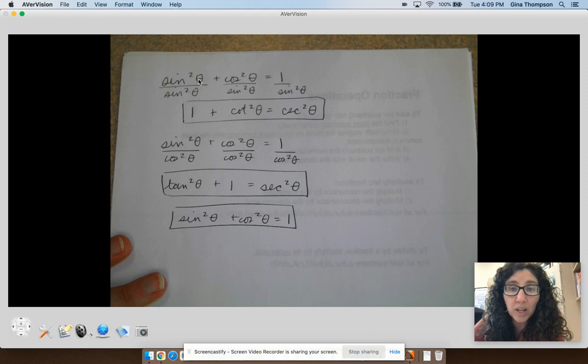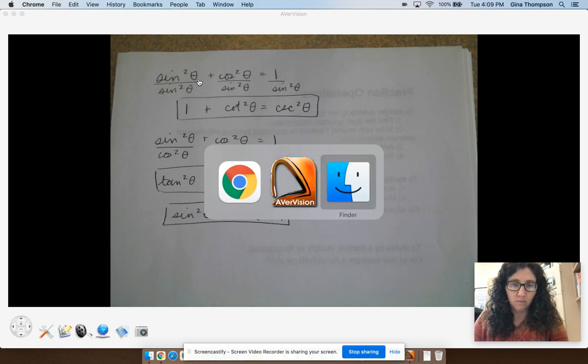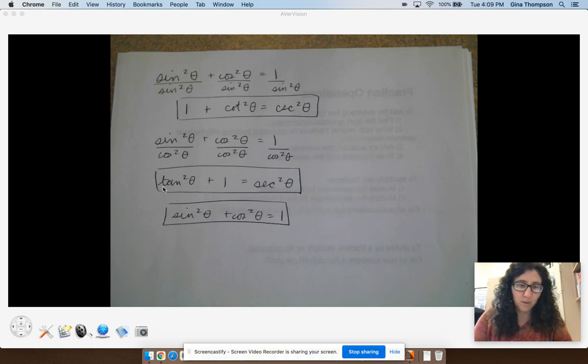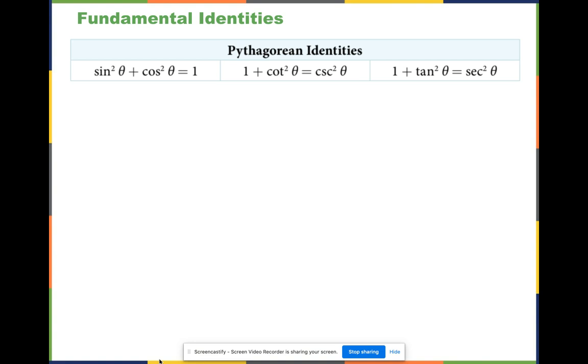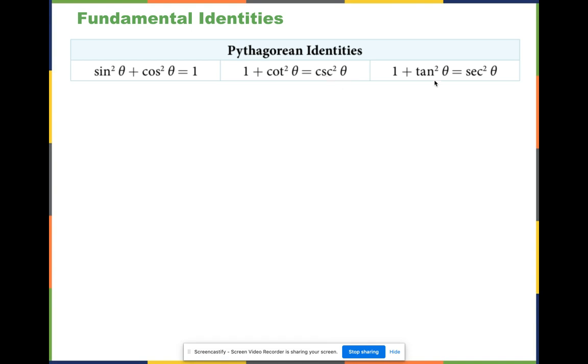Okay, those are the 3 Pythagorean identities, and to me, that's how I derive them. You can also think, okay, this is like cotangent and cosecant, and this is the other ones, tan and secant. I don't know.